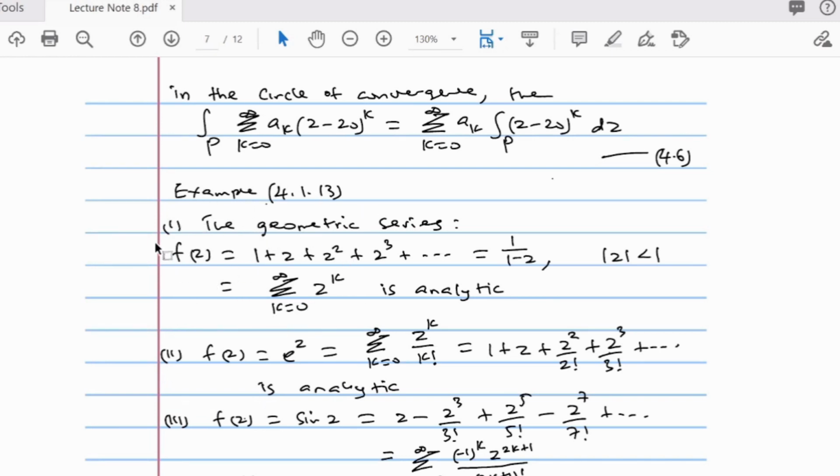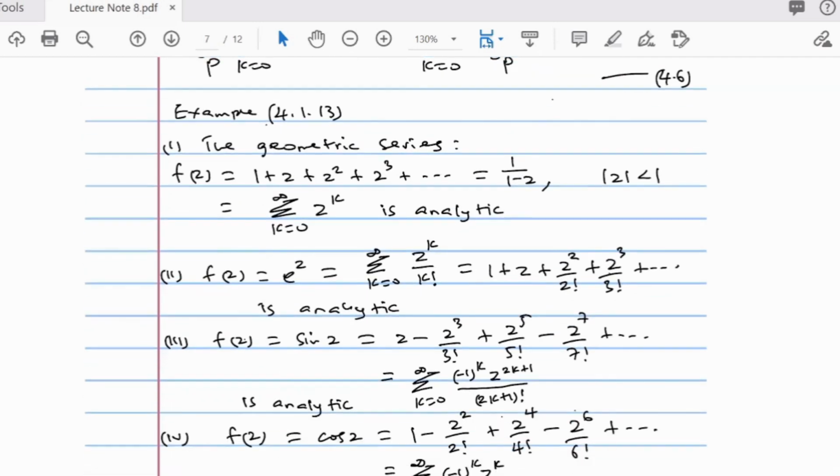You can always find the power series of any function which you already know in your Maths 141. Since f of z can be written as this power series at z naught equals 0, it means that f of z is analytic at 0. f of z equals 1 over 1 minus z is analytic at z naught. In this case, my z naught is 0.